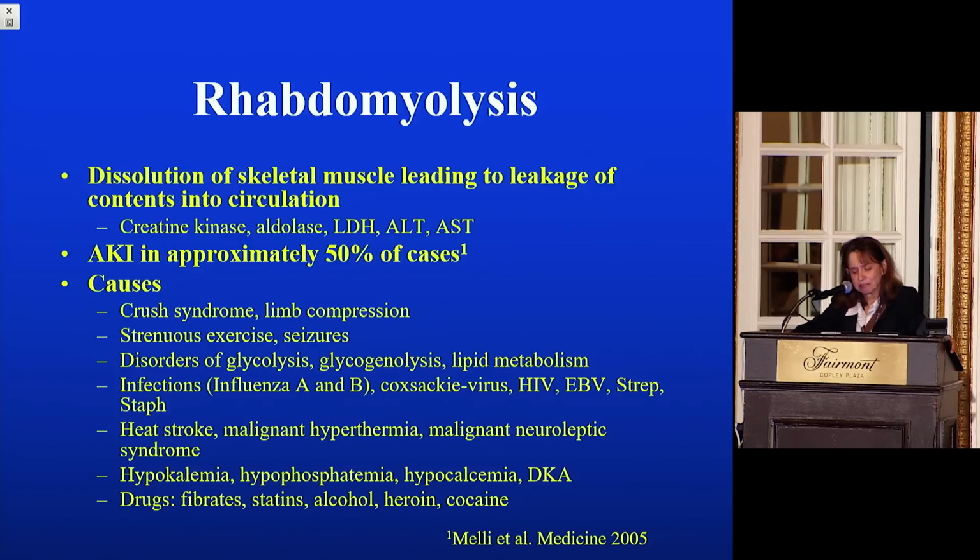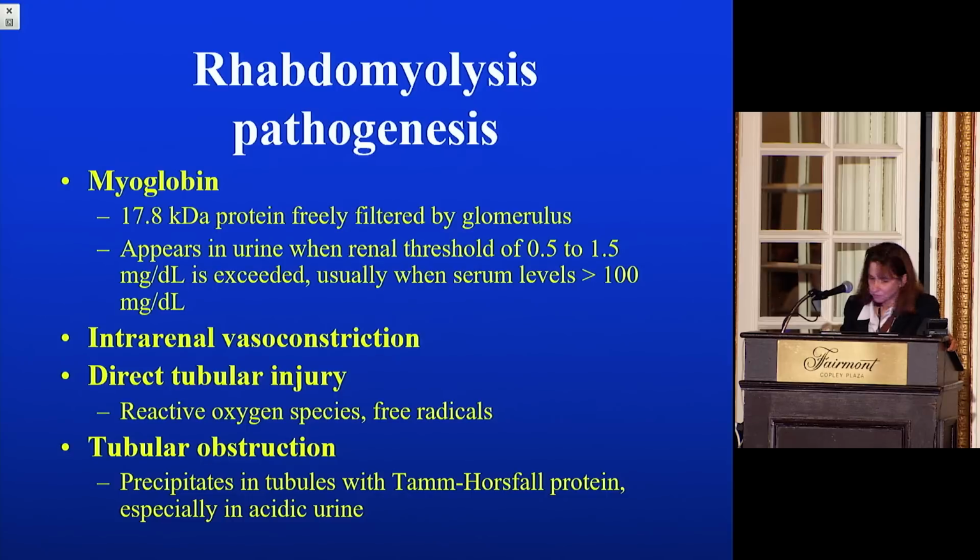This reference here, Melly, was a study from 2005, Johns Hopkins, 470 people or so, and of those biopsy-proven cases of AKI related to rhabdo, drugs was the most common cause, at 46%. So I would put crush syndrome perhaps the most important, and drugs very closely behind. Both of those are high risk for AKI.